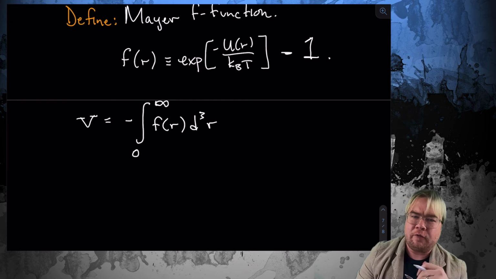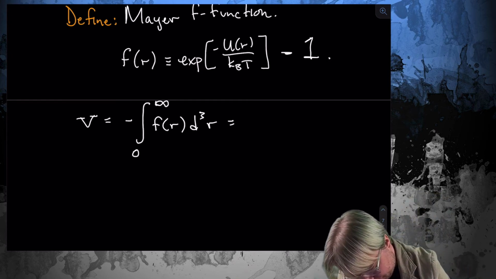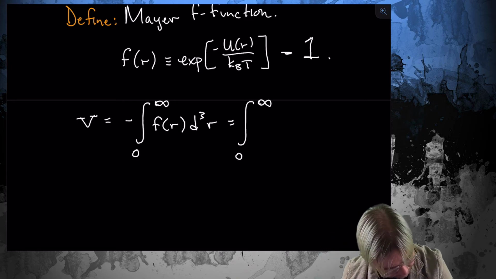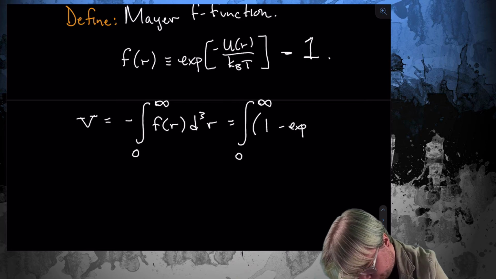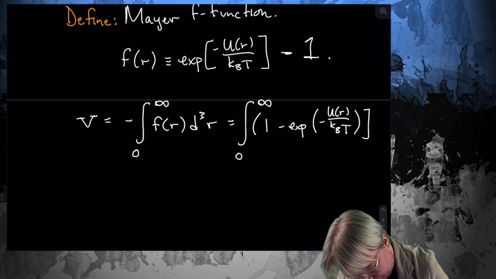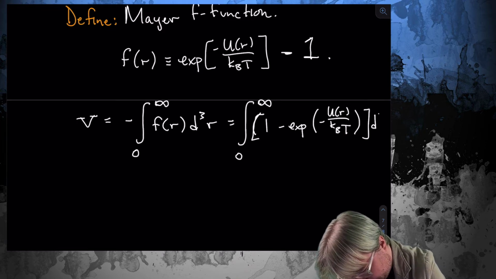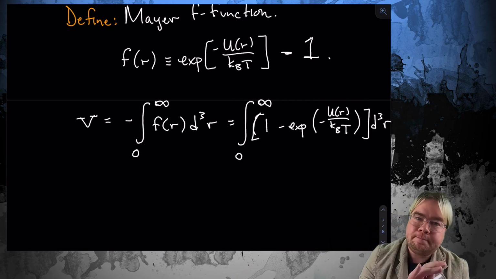In other words, I'm integrating over volumes. And that will be the same thing as the integral from 0 to infinity of 1 minus the exponential of minus u of r over kBT d cubed r. So that will be my excluded volume.